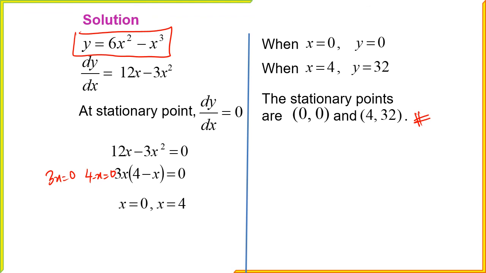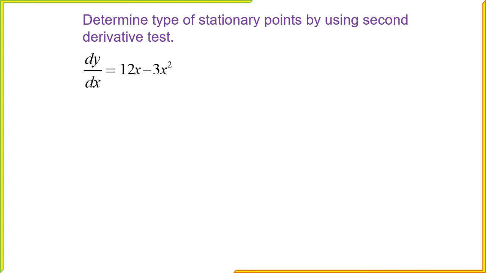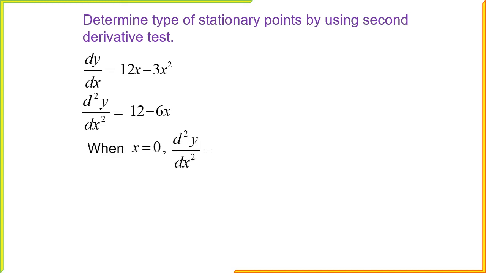To find the nature by using the second derivative test, we have to differentiate dy/dx again. Differentiating dy/dx, we will have 12 minus 6x. Then to check at a certain point, let's say for x equal to 0, d2y/dx squared will be 12 minus 6 of 0, which is equal to 6.